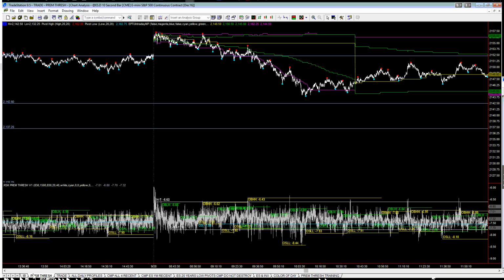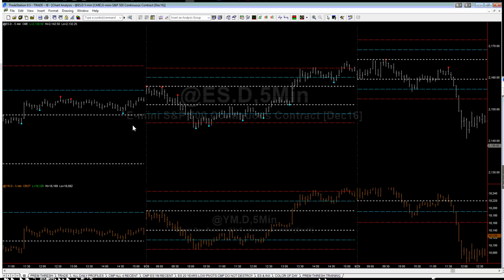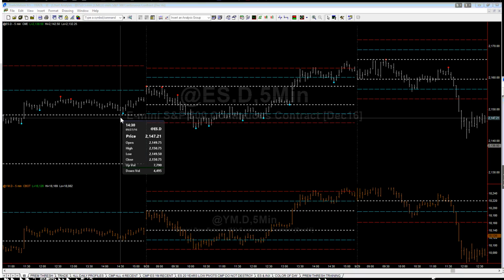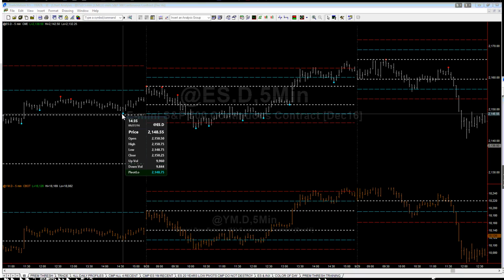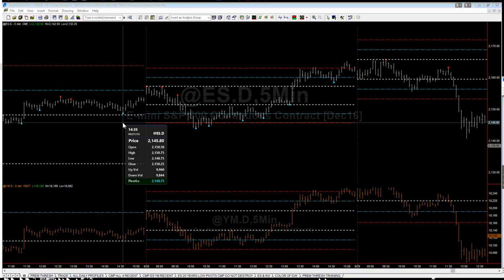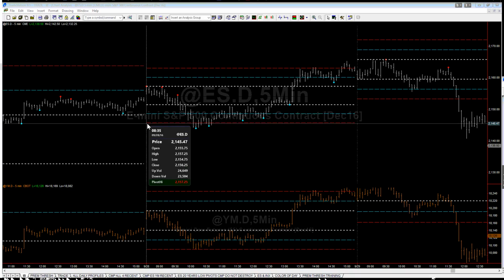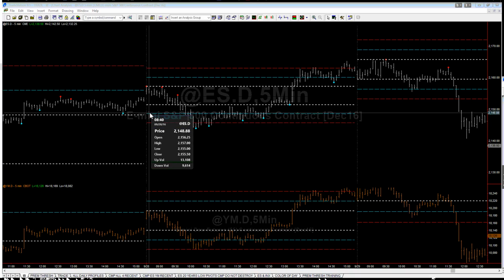Oh, let's go back and just draw where these support levels are. Okay, we've got 48.75 and, pardon me, let me read that again. Get it down there to, okay, that's 48.50.